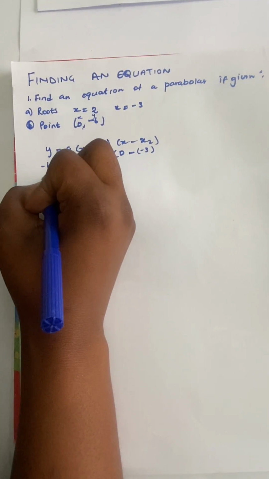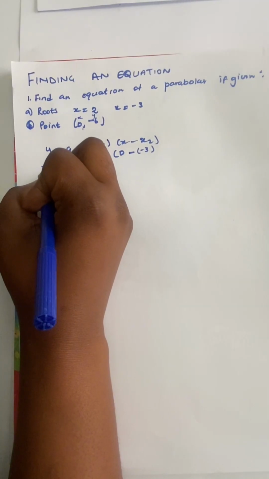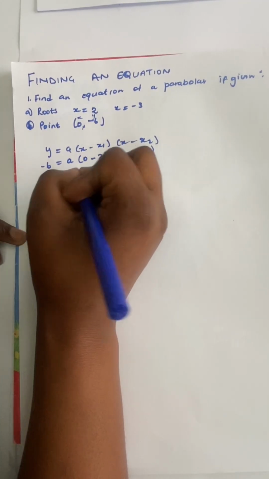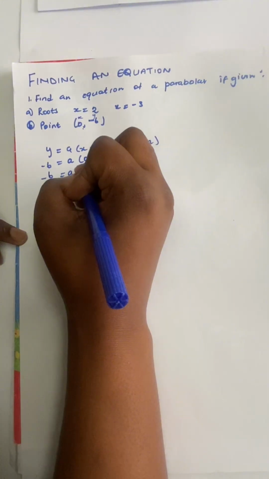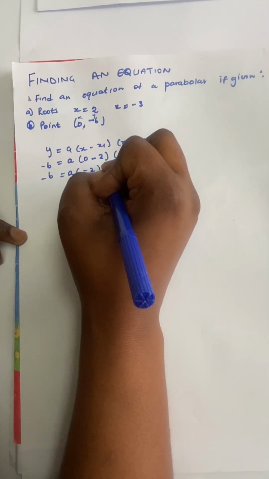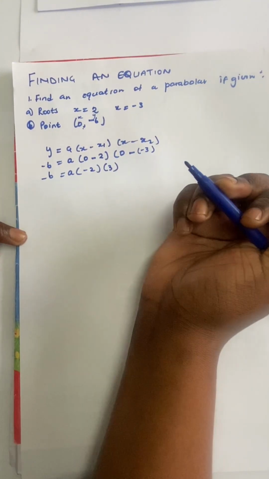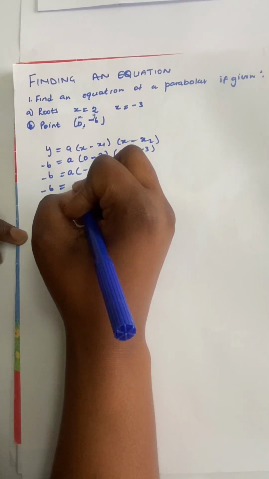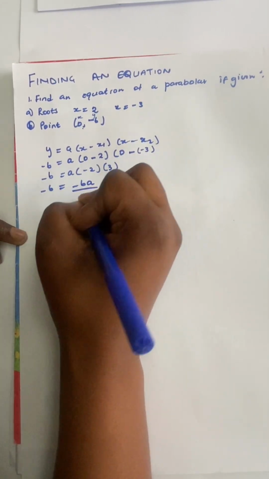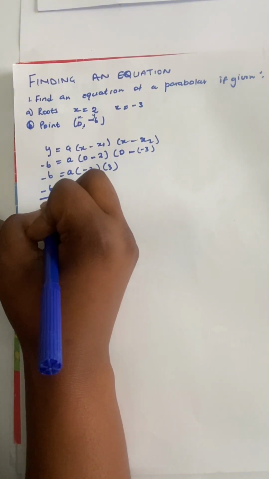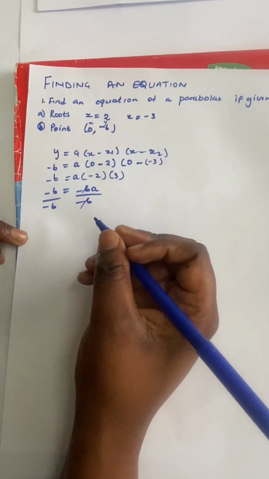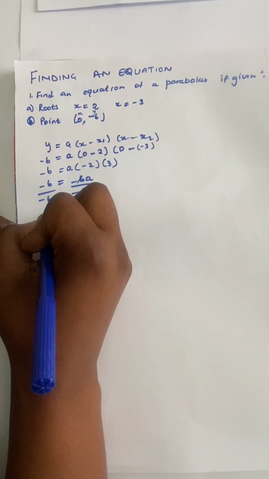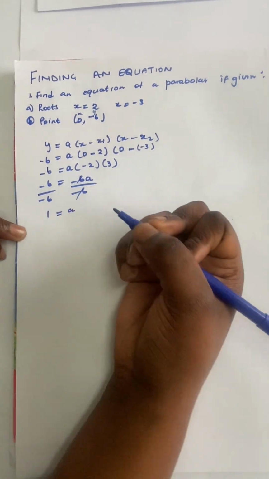So -6 is equal to a into -2 and 3, which is -6a. Divided by -6 on both sides, these cancel each other out, and 1 is equal to a.